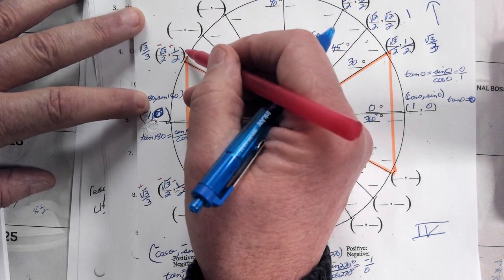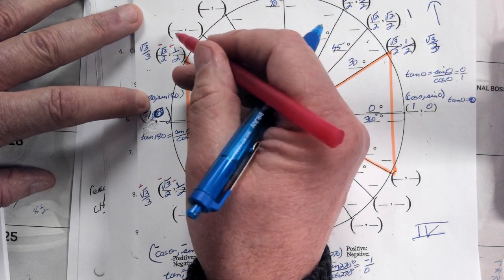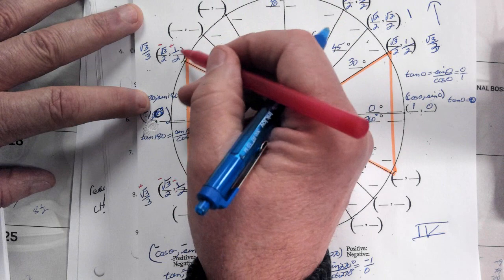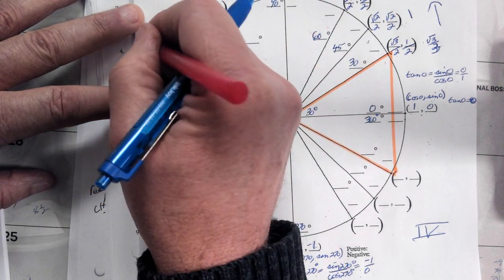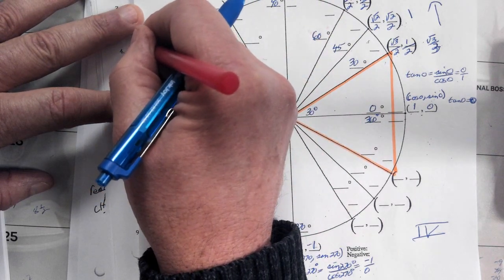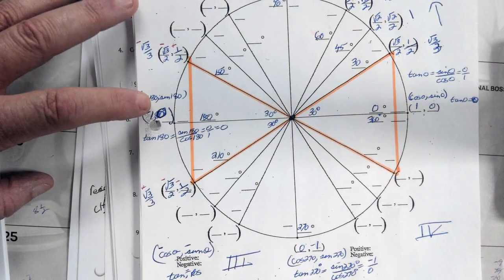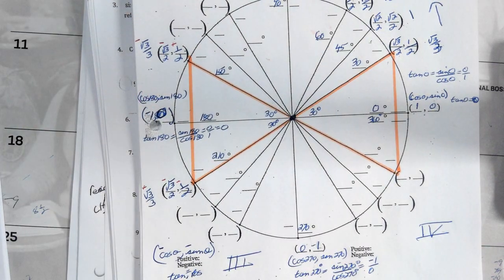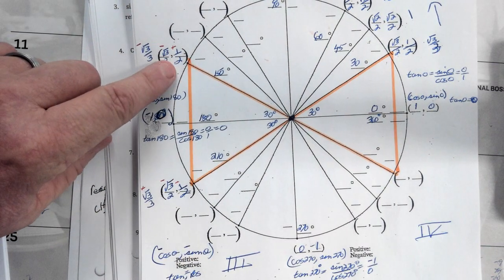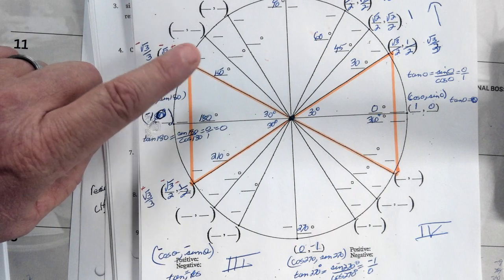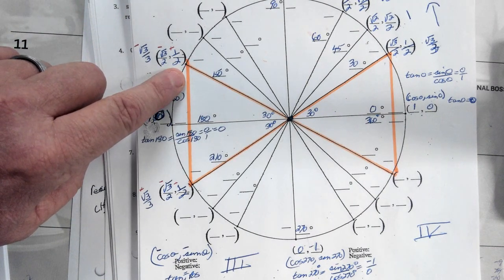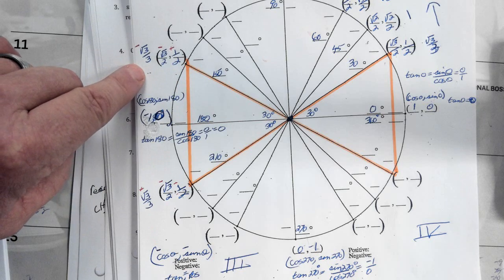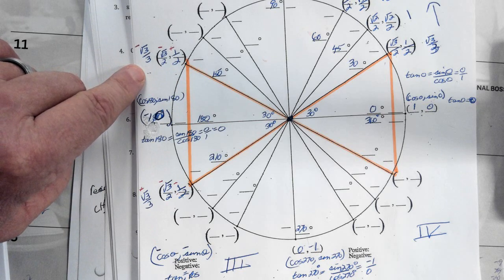When you take the tangent of 150, that's sine over cosine. Positive over negative is negative. So there's the cosine of 150, negative root 3 over 2. Sine of 150 is 1/2. Tangent of 150 is negative root 3 over 3.